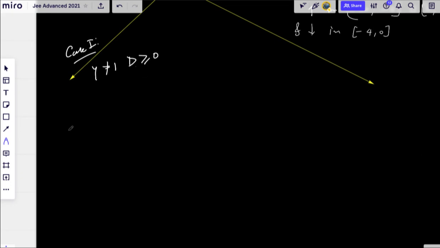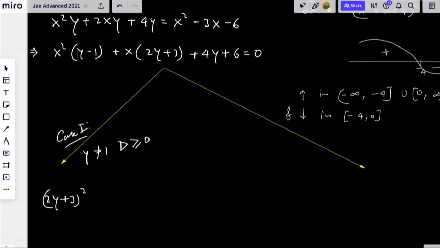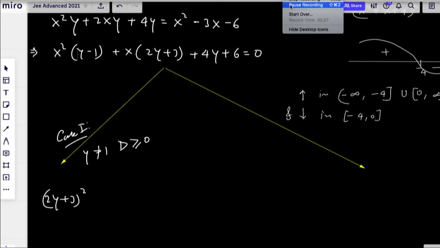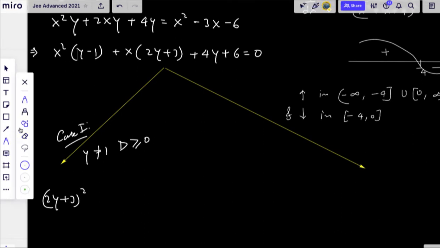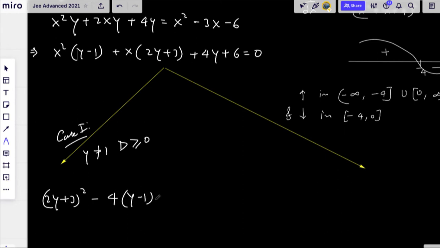So here 2y plus 3 whole square, right? And then after, 2y plus 3 whole square minus b square minus 4ac, we have to do 4 into y minus 1 into 4y plus 6, the c part, 4ac. So that is greater or equal to 0.